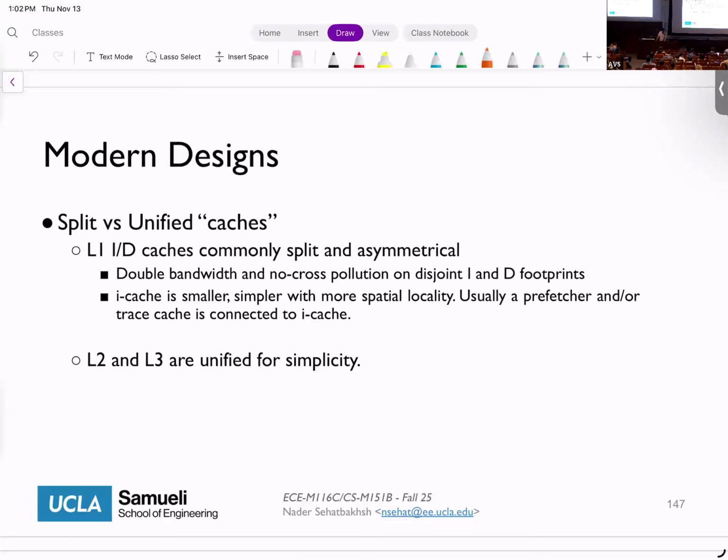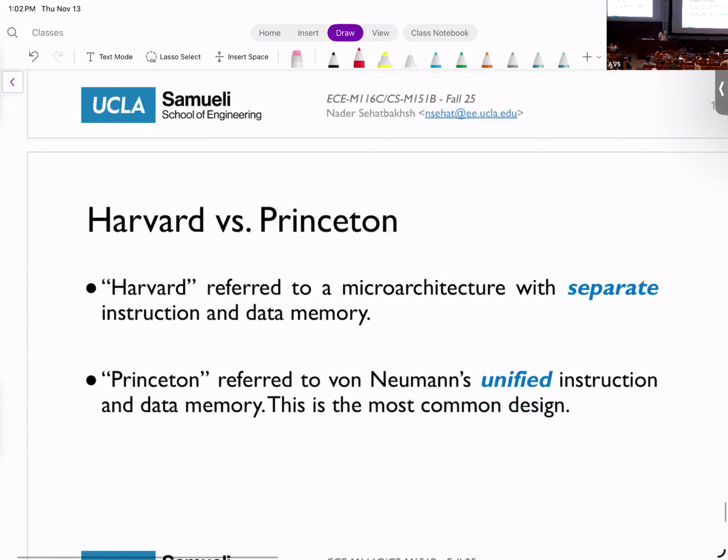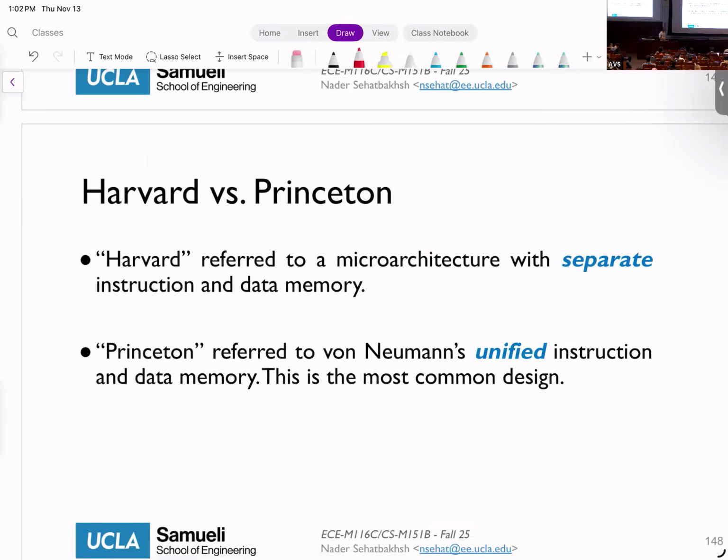And then when you have a prefetcher or trace cache, it is usually connected to the I cache, because a prefetcher is great at finding the next instruction very easily, versus finding the next data, which is typically more complicated. And this is also bringing up another thing that we talked about early on in the class as well. We have what we call Harvard architecture and Princeton architecture.